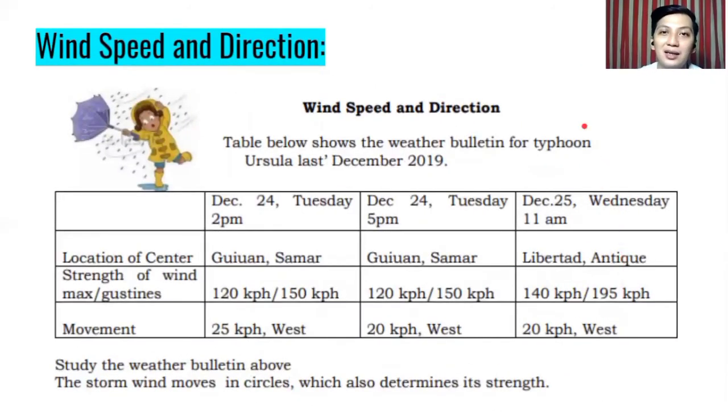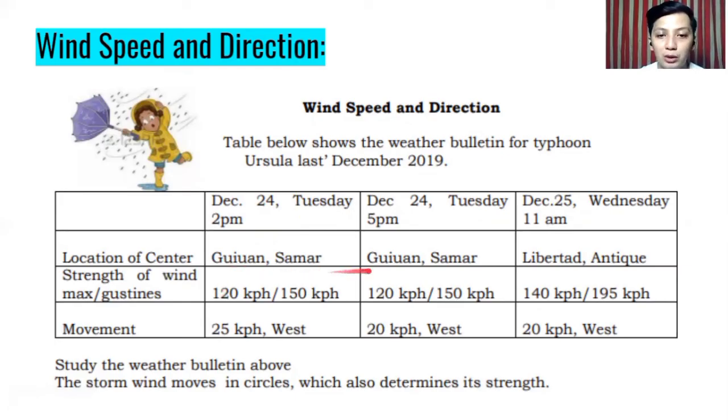So, this is an activity that you need to answer. Wind speed and direction. The table below shows the weather bulletin for Typhoon Ursula last December 2019. So, all you have to do is to study the different information that can be seen inside the table. So, we have the different times: December 24, 2 p.m., December 24 at 5 p.m., and then December 25 at 11 a.m. So we have the location of the center, strength of wind, maximum gustiness, and then movement.